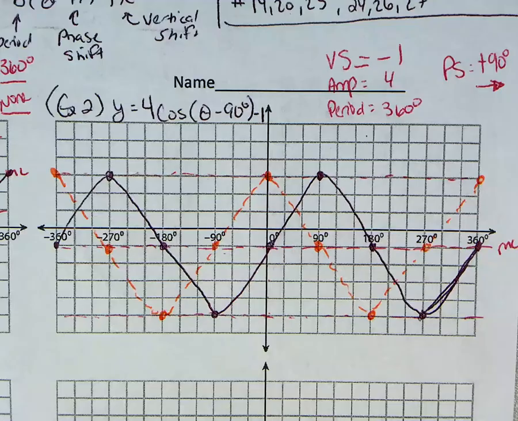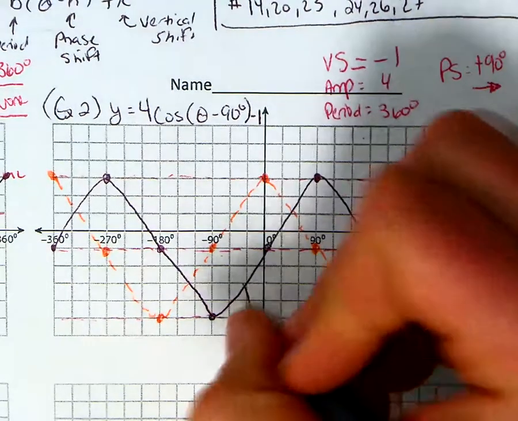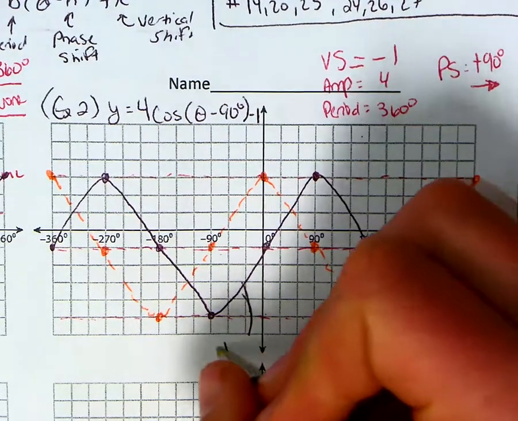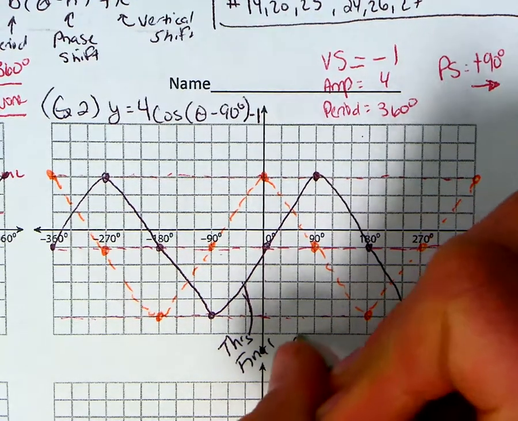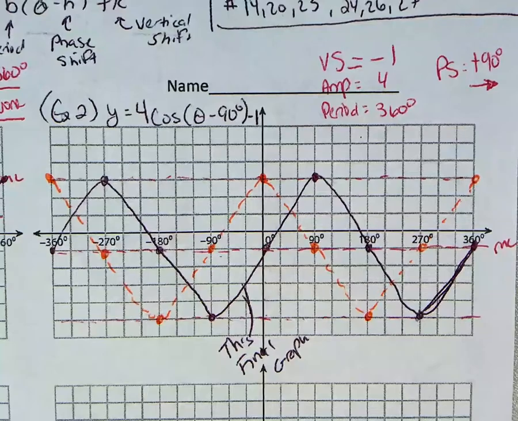Just like that then. All right, so this is the final graph. That solid one is the one after the phase shift. So if you have a phase shift, make sure you let me know which one is the final one, especially if you forget to dash one of them or whatever. So make sure you do tell me which one is the final graph.